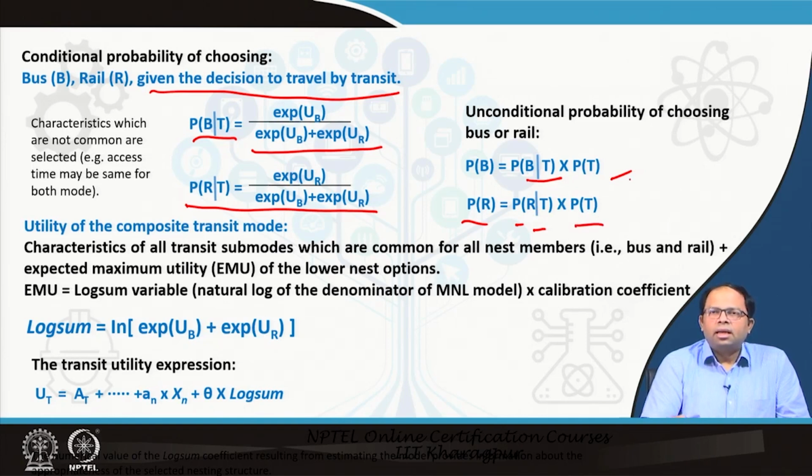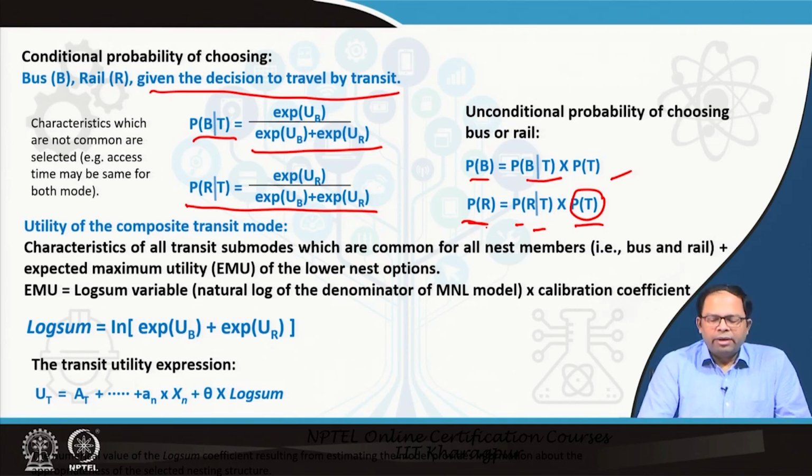So, we multiply the probabilities with the probability of transit that we estimated in the earlier step. This is the unconditional probability of bus, this is the unconditional probability of rail, and the unconditional probability of car was already obtained earlier. So, when we add these three up, it will be 1.